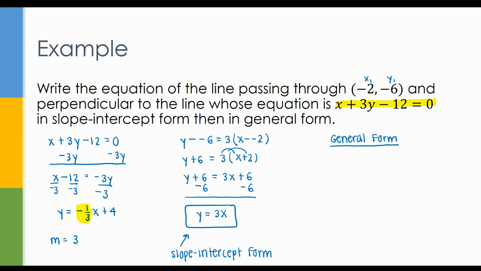To get it into general form, I need to take that equation and get it all to one side to make it equal 0. I'm going to leave the x positive, so I'm going to subtract the y over to the other side. So really 3x minus y equals 0 is my general form.